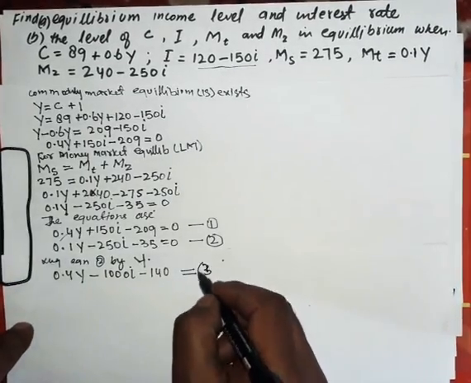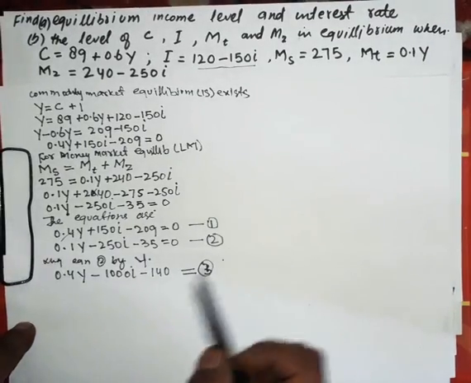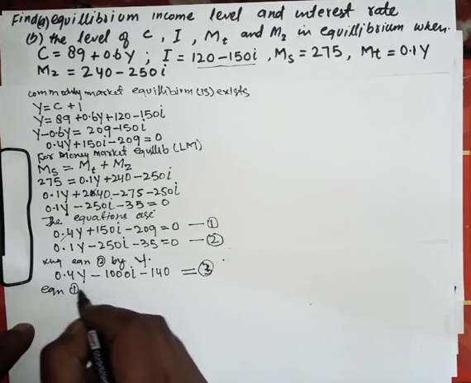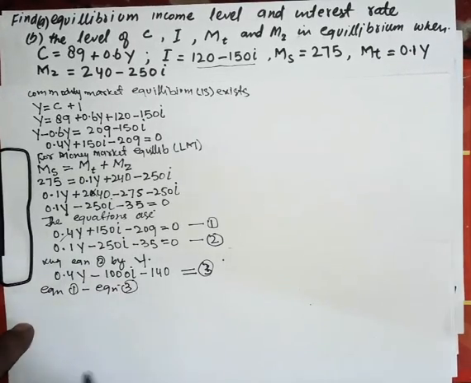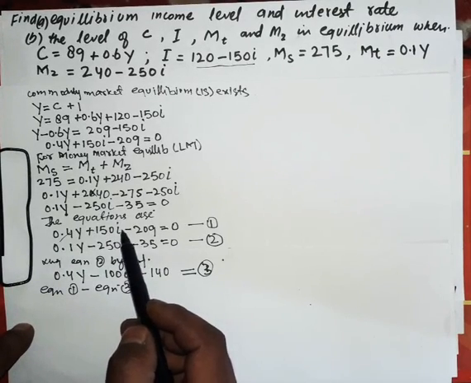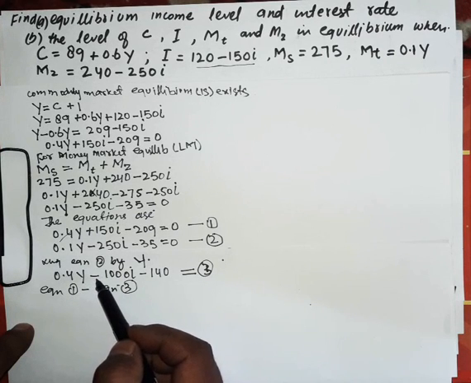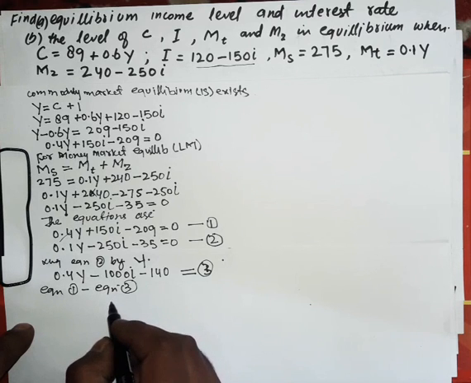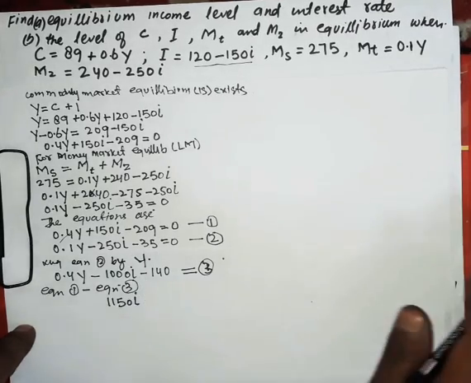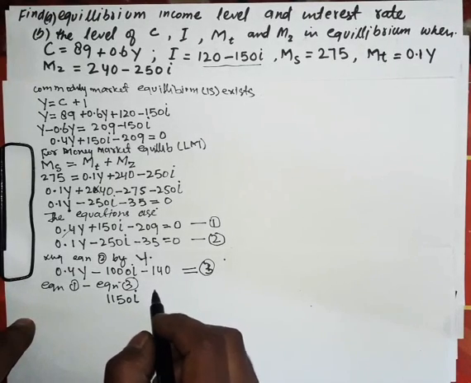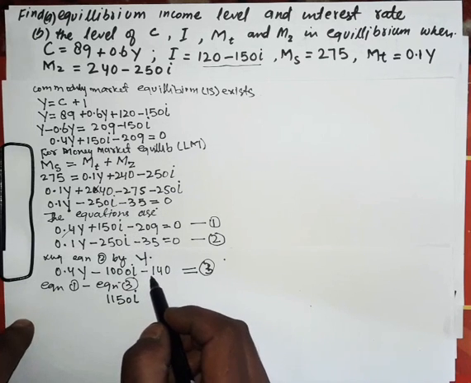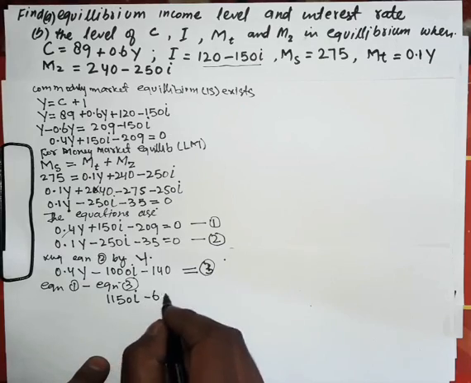Now subtracting equation third from equation first: 0.4 Y minus 0.4 Y cancel each other, plus 150 I, minus times minus equals plus because we are subtracting, this will become plus 1000 I, that is 1150 I. Then minus 209 plus 140 will become minus 69 equals 0.